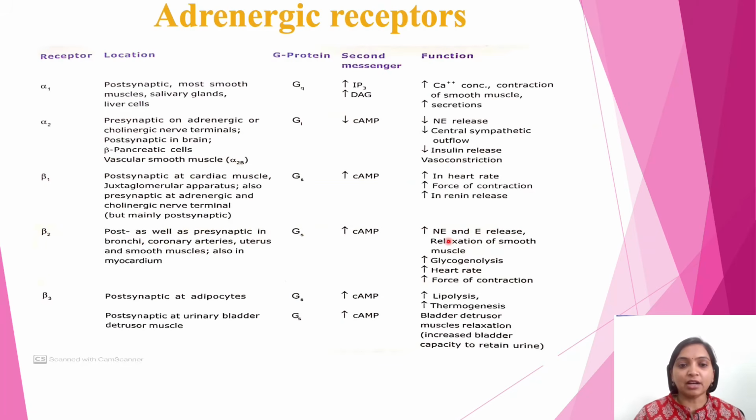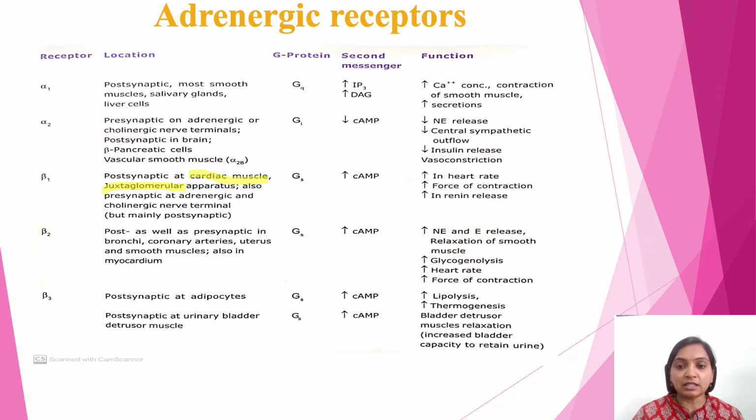So in brief, I just wanted to highlight what you should understand to know in depth regarding the beta blocking action. So beta 1 is mainly present in the heart and in the juxtaglomerular apparatus of the kidney. In the heart, it is Gs, cyclic AMP mediated.